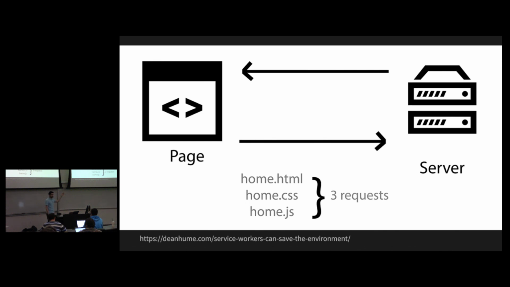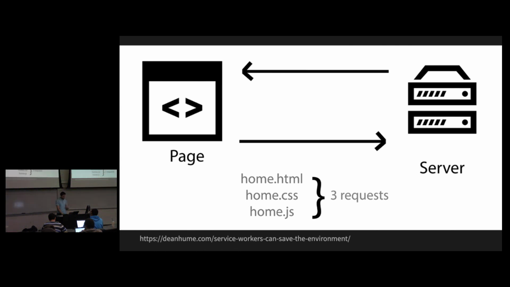The first one would be, for example, for your home.html, and then your browser would go through the home.html document to see if there's more resources to load. It would see that there's a CSS that it needs to pull from the server, so that's another request, and it sees that there is the JavaScript that it needs to pull from the server, so that's another request. That would be 3 requests to render a simple application like this.